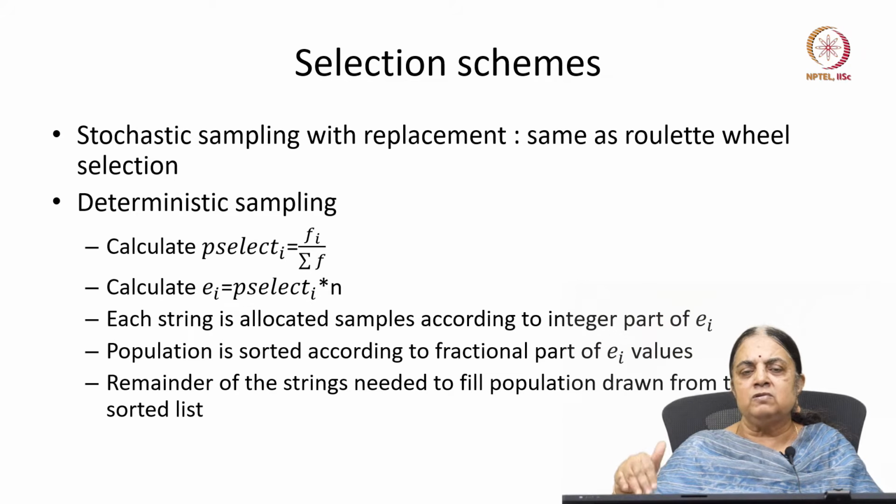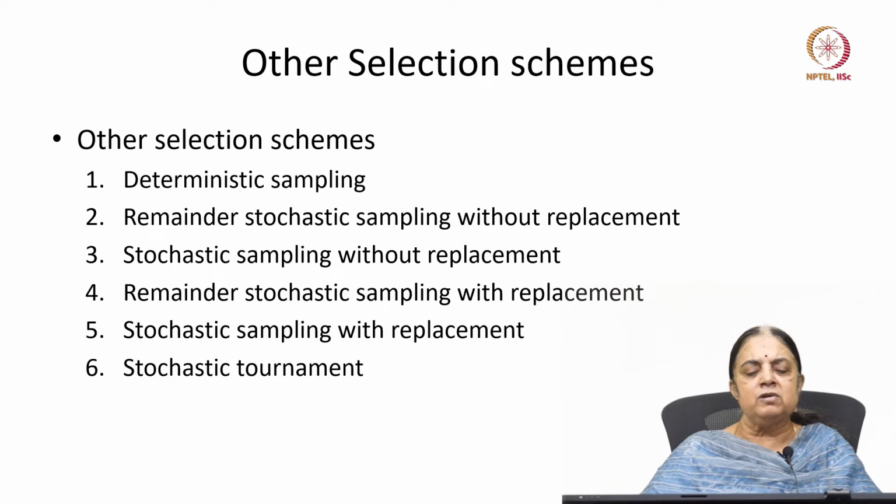After sorting those out, from the top, whichever strings they represent, you put those strings into the next generation. That is what is called the deterministic sampling. Now in some cases, deterministic sampling is done for the integer part, and the fractional part is taken and you do stochastic sampling there. So that's why you get all these different types of sampling.